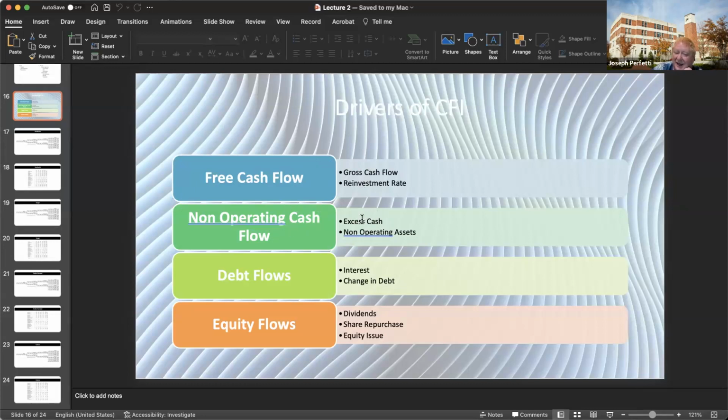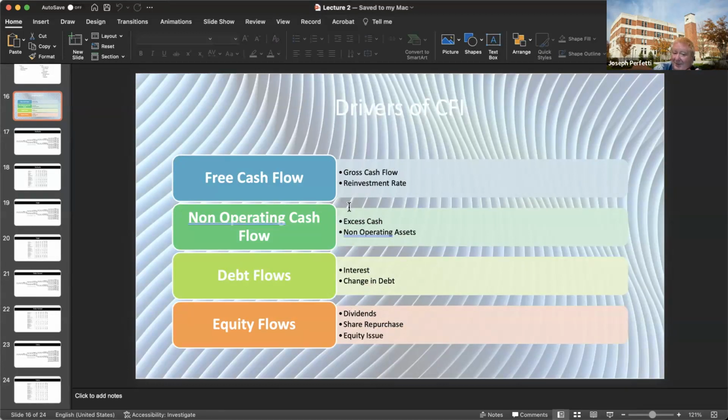Non-operating assets and excess cash are usually the biggest drivers of non-operating cash flow and the income we make on that. The debt cash flow is the change in debt and the interest paid to the debt holders. And the equity cash flow is any change in equity, the dividends or share repurchases to those equity cash flow holders. So these are the 4 sections of CFI in our rearranged statements.